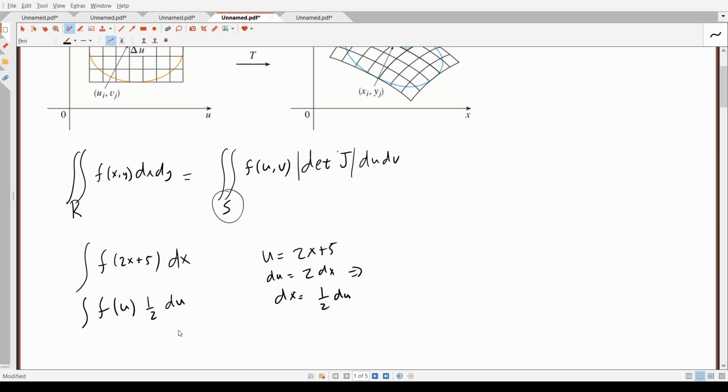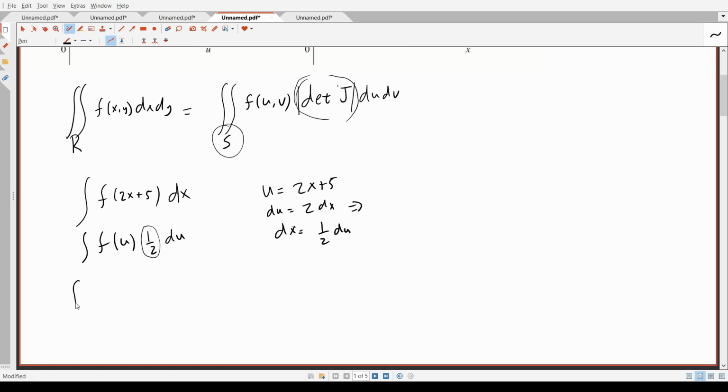Okay, so notice real quick, when I did this change, this thing came in. Where did this come from? That's exactly what this term is going to correspond to. Or when I do a change of coordinates, and I go from a function of x and y, dx dy, to polar coordinates, and I have a function of r and theta, remember, I have to multiply by r dr d theta. So this r right here, that's going to correspond to this.